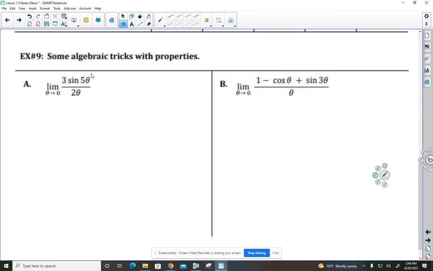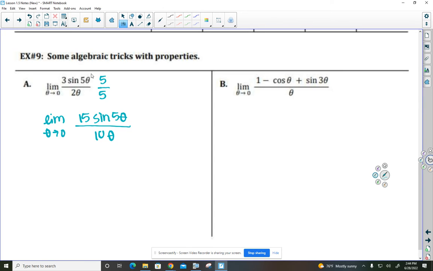And so algebraically, if I multiply by 5 over 5, we're going to get 15 sine of 5 theta over 10 theta. Okay? Well, still, we don't have our theta terms that are matching.